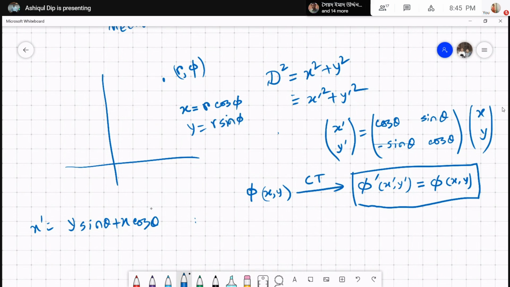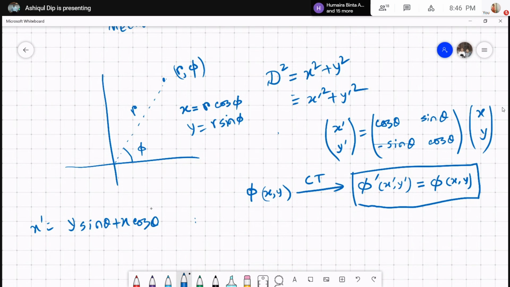So how do we geometrically represent this thing? We say that this distance is represented by r, and the angle between this direction and the x-axis is represented by phi. Now we are in a new coordinate, and this point has a label r comma phi.